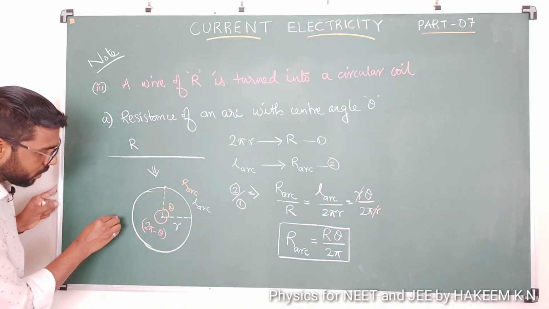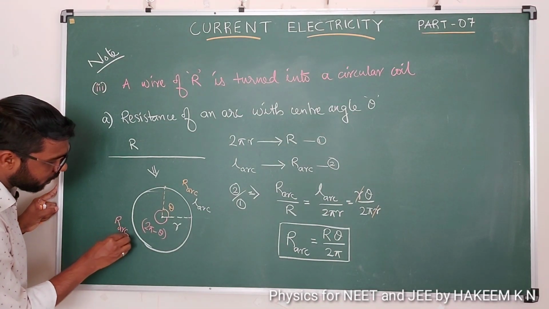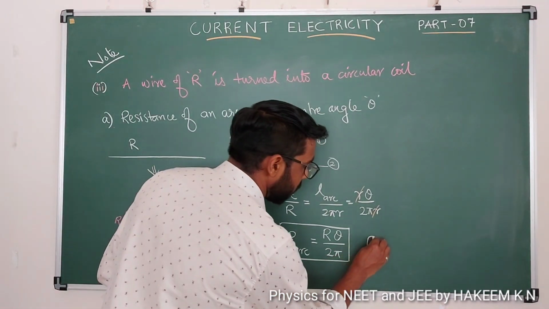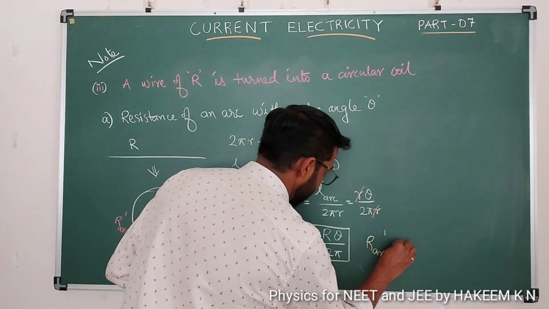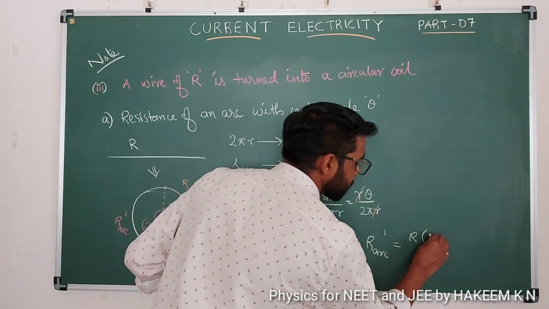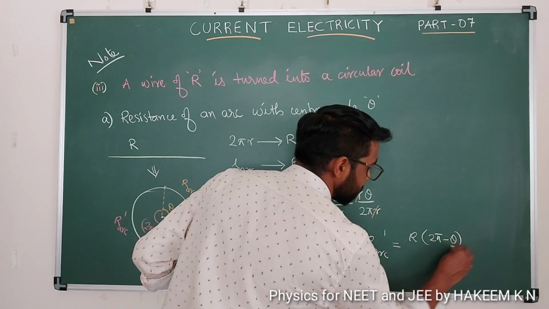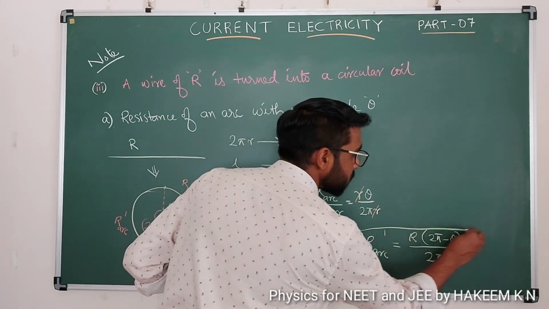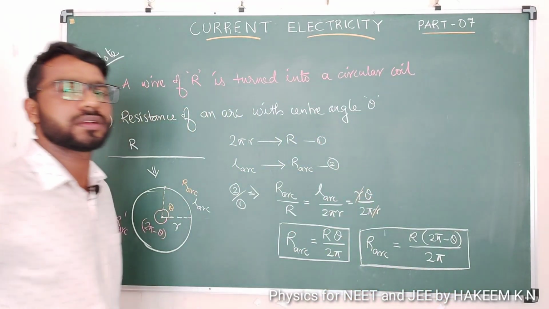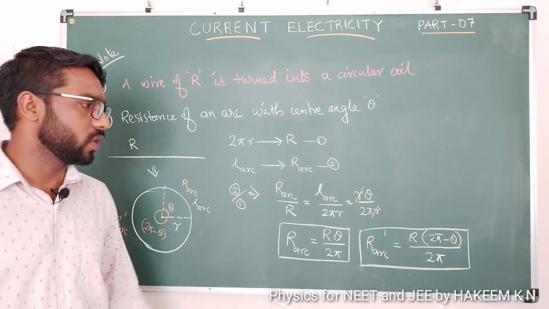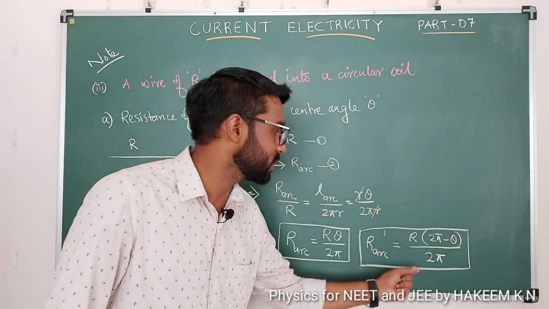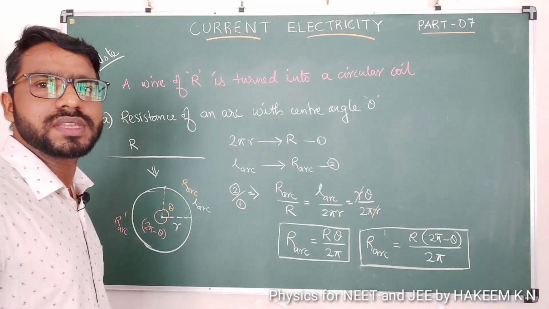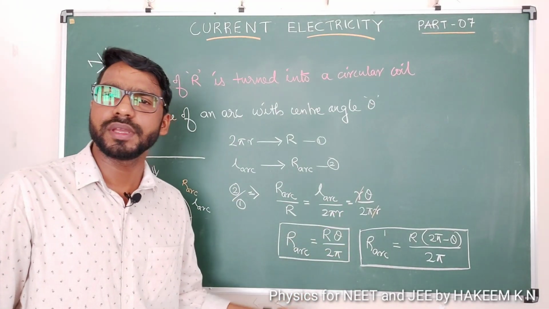So the resistance of the remaining arc, R arc dash, should be equal to R into (2 pi minus theta) divided by 2 pi. The resistance of an arc with center angle theta is given by R theta by 2 pi.